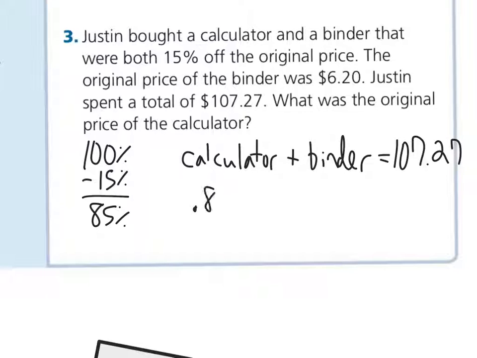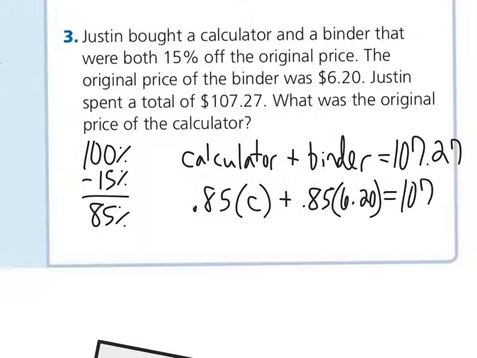Calculator is 85% of whatever the original cost of the calculator is, which we don't know. The binder, 85% of the original price, which was $6.20. So if you multiply these, would be $5.27.